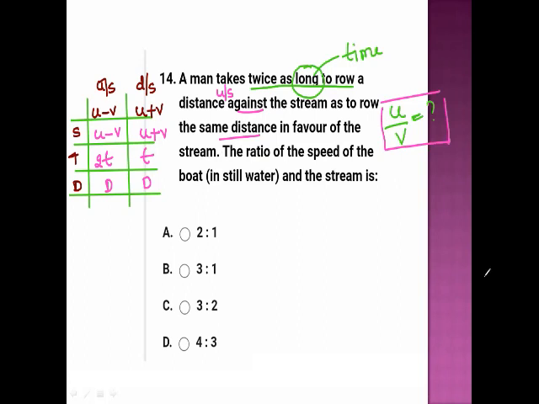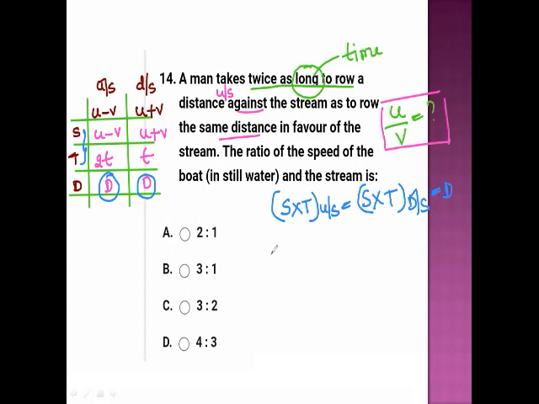I know that distance is constant, and distance is equal to speed into time. So I will make speed into time on the upstream side equal to speed into time on the downstream side, which is nothing but distance. Distance is constant because they cover the same distance.